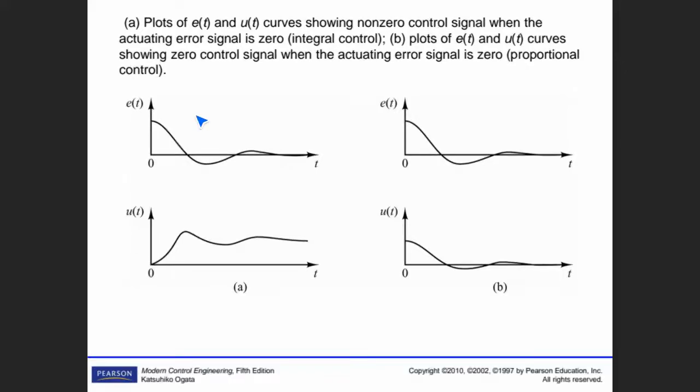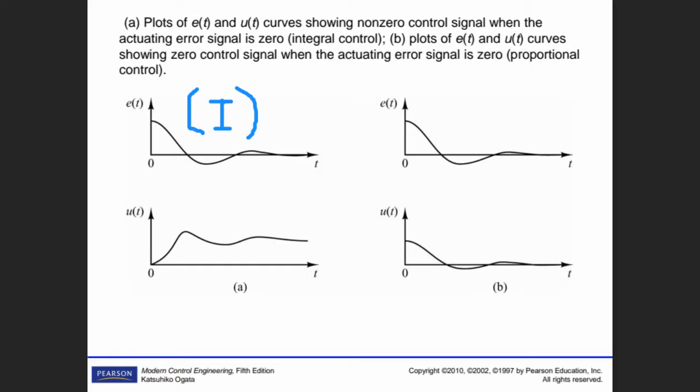If you have an integral controller, the error is integrated, so although the error becomes zero, the controller continues to provide a signal. That is what an integral controller is all about.